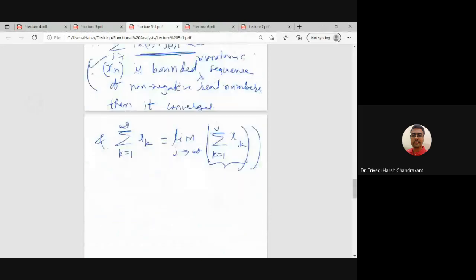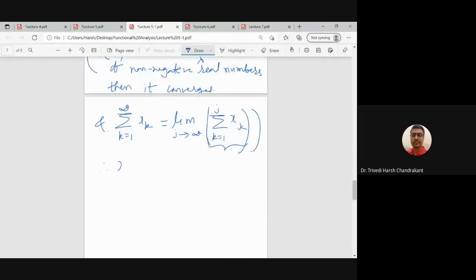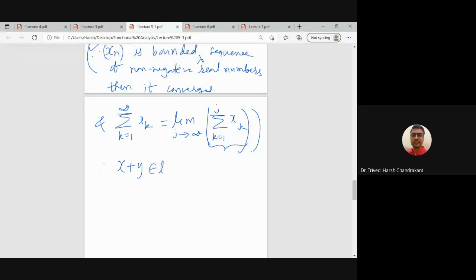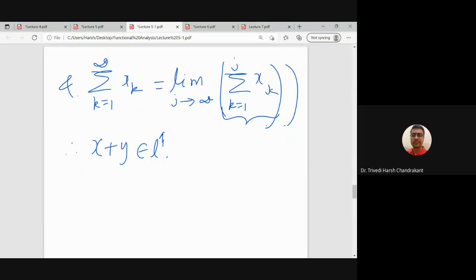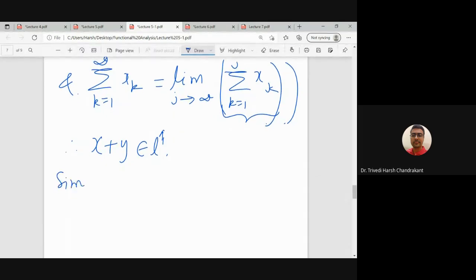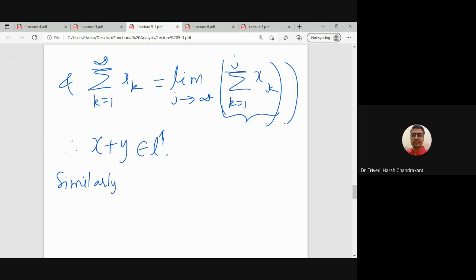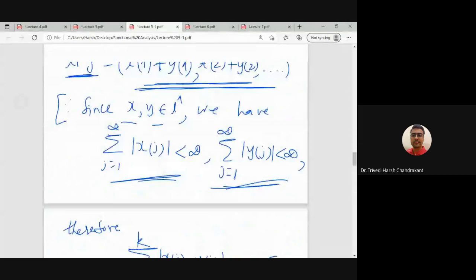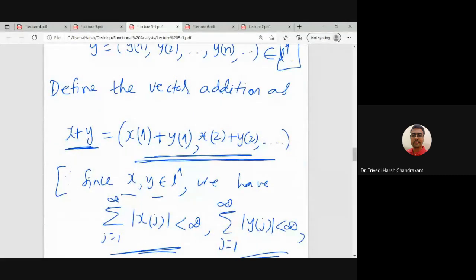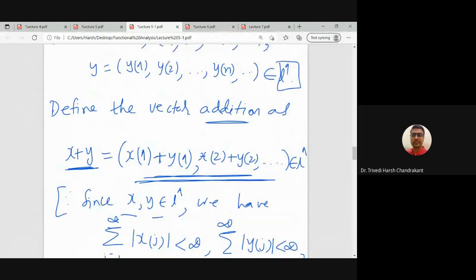So finally, x plus y belongs to L1. Since x plus y belongs to L1, we can define the vector space addition. So addition we have defined over the elements of L1.